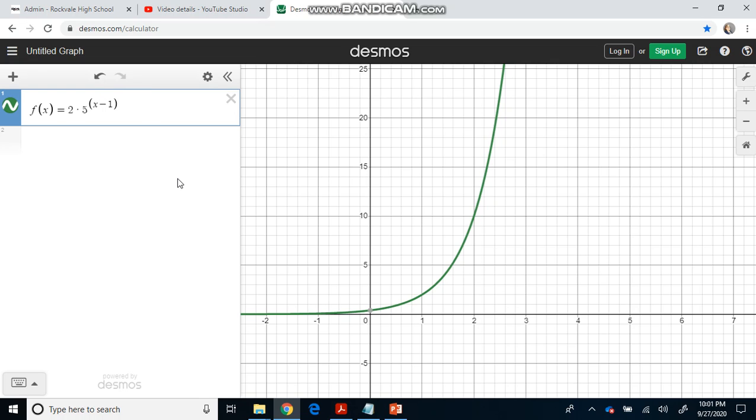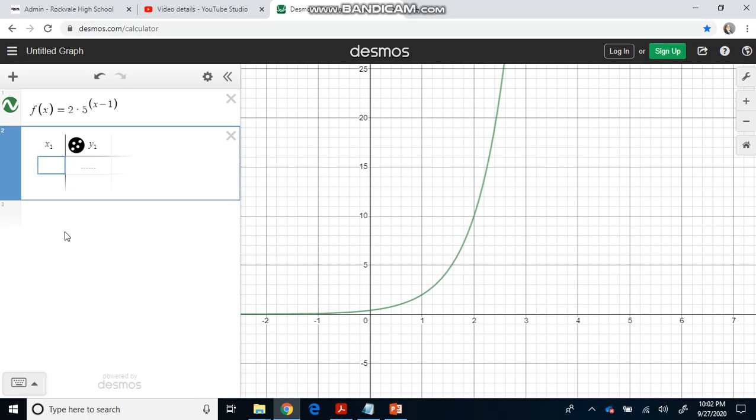Now look at that. We talked about graphs like this at the very beginning of class. We talked about how some functions look like lines, and some functions are long, smooth curves. This is an exponential function. And I can add a table and put in some points at x equals 1, 2, 3, 4.